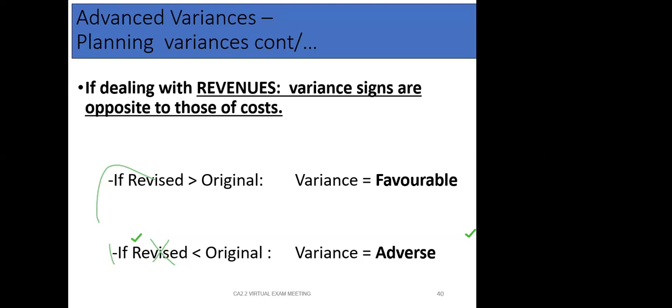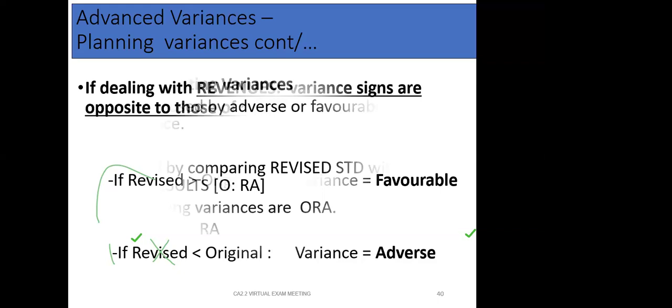You made a mistake; you are actually selling at a higher price, 15, compared to the 8 that you put in the budget. When the revised is greater than the original, it's favorable.